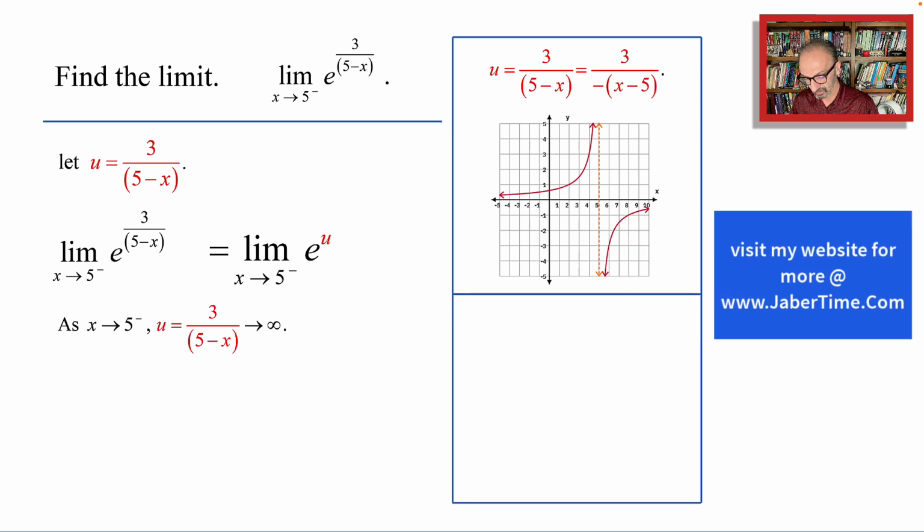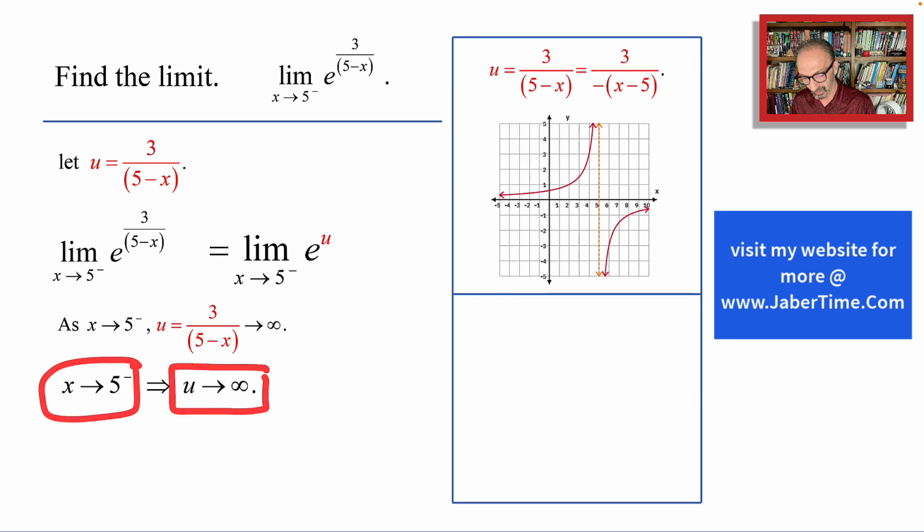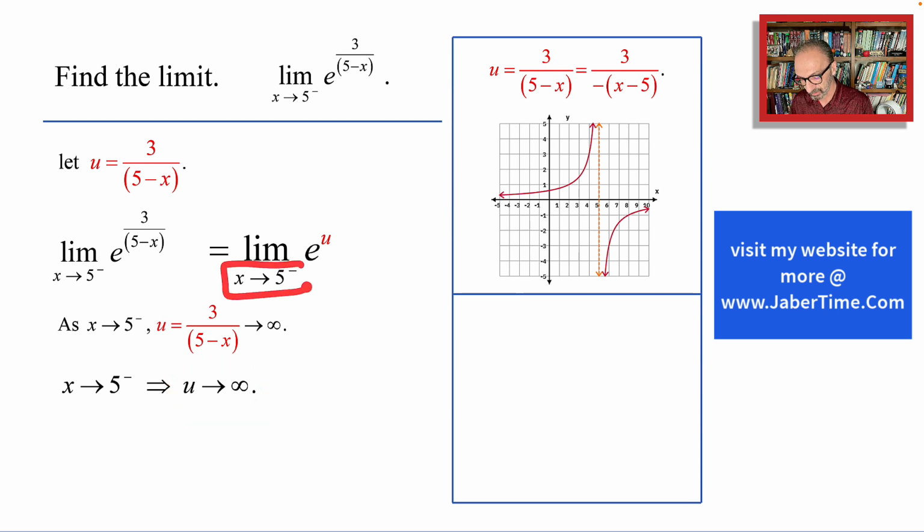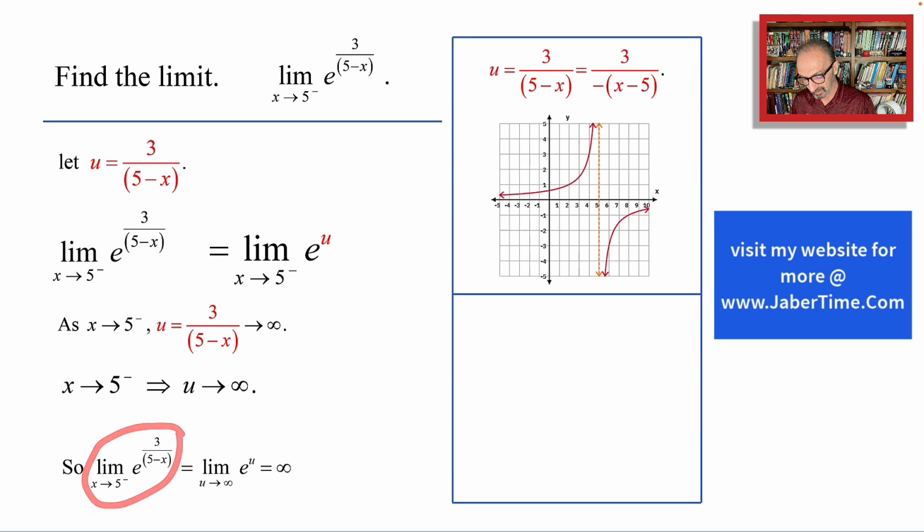In short, we could say that as x approaches 5 from the left, u, which is graphed right here, is going to go up to infinity. So I could replace this now with this right here. And now this becomes the limit of e to the u as u approaches infinity.